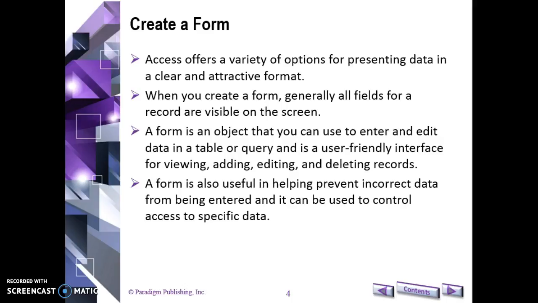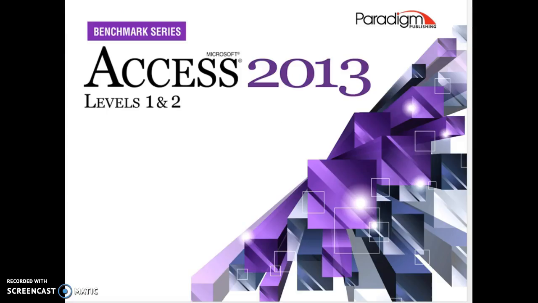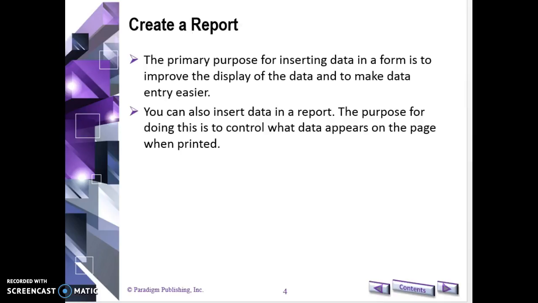Chapter 6 is all about creating reports and creating mailing labels. And the key here with reports is that it's very, very similar to what you're going to be doing with forms. A lot of the features are the same, so it should be pretty easy to understand once you've mastered forms.